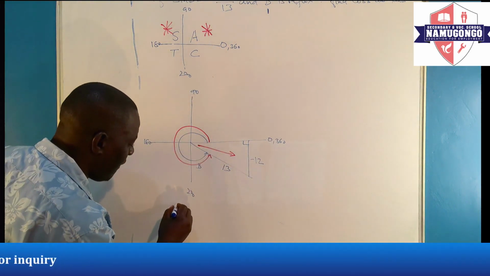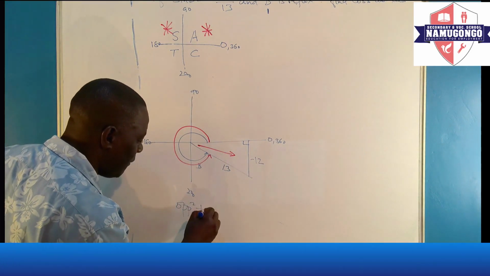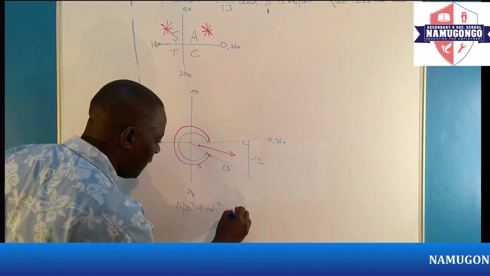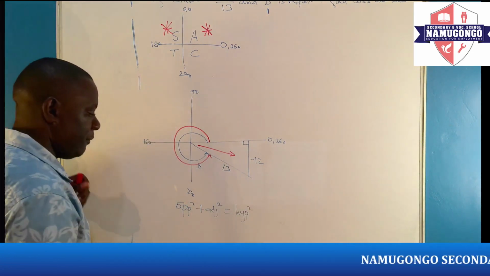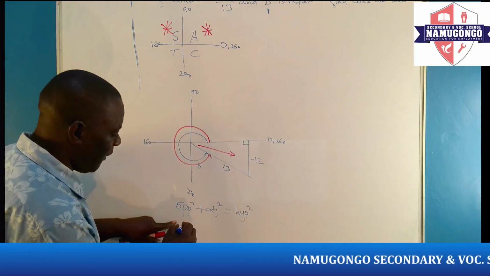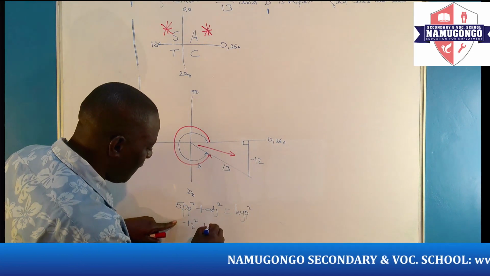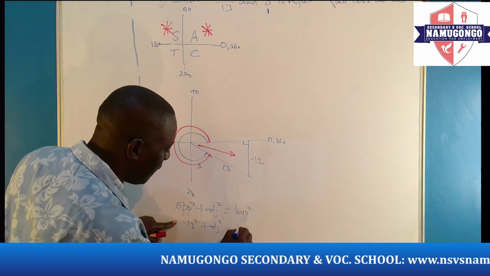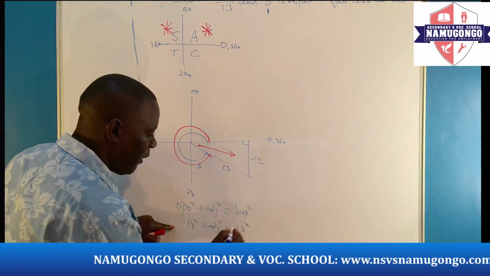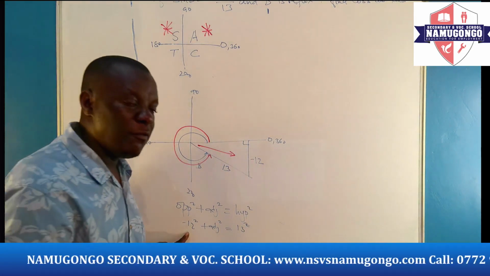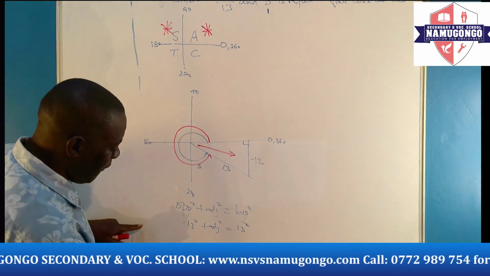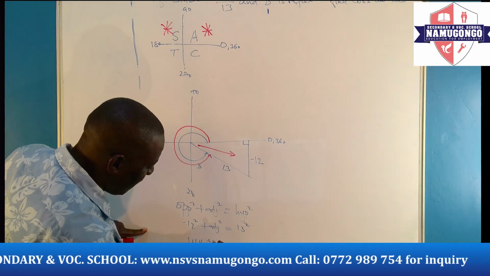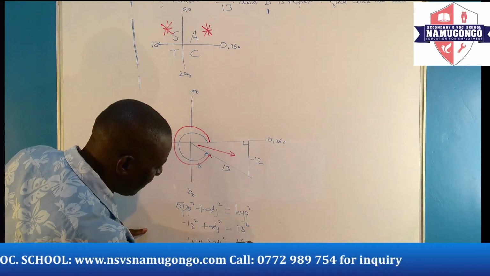So we shall say opposite squared plus adjacent squared is hypotenuse squared. The opposite is negative 12 squared. The adjacent is what I'm looking for. This one is 13 squared. When you square 12, you get 144. That's the adjacent squared, which is 169.